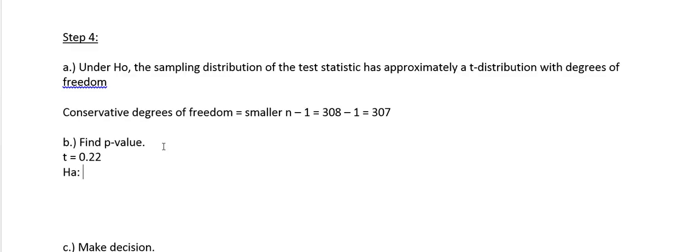We also need to remind ourselves of our null and alternative. So specifically here, we need to know our alternative, which is mu1 does not equal mu2. And remember that we call this a two-tailed test. So if we were to draw the curve centered at 0, 0.22 is our test statistic.